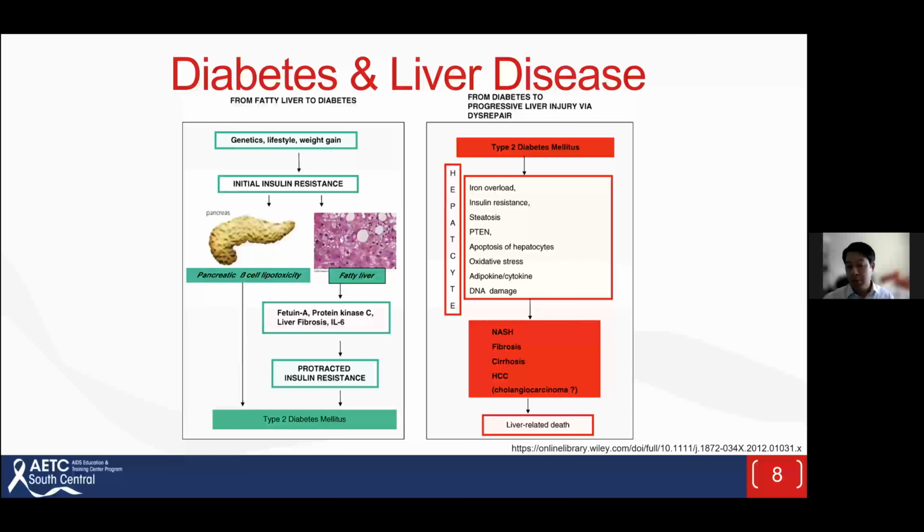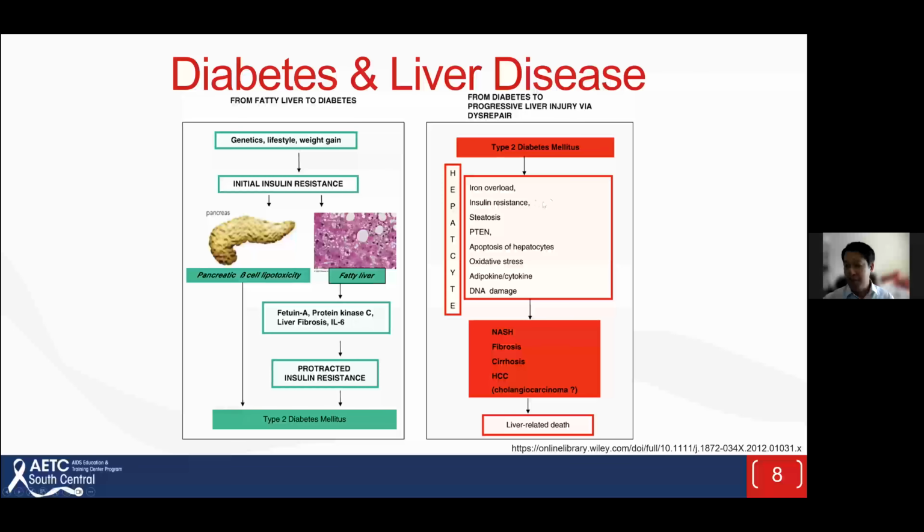And similarly, what's going on in the liver is we have fatty deposition of triglycerides or glycerols happening there. And so now we start to have fatty liver or fatty liver disease, or there's other names for it. But again, as this continues to happen, then we end up having diabetes. But then on the flip side, diabetes continues to contribute to this progression of liver disease.